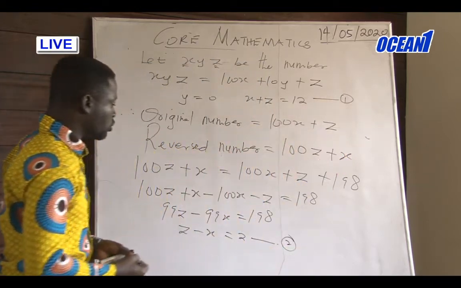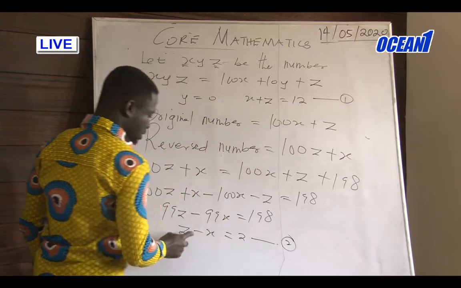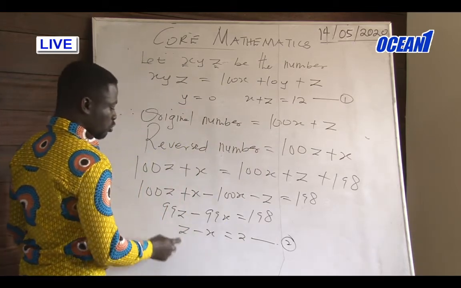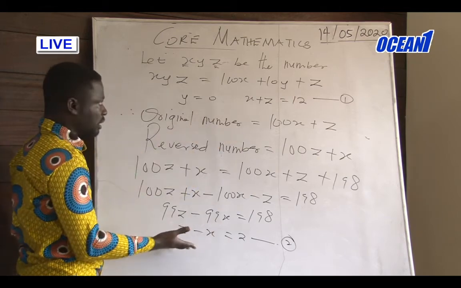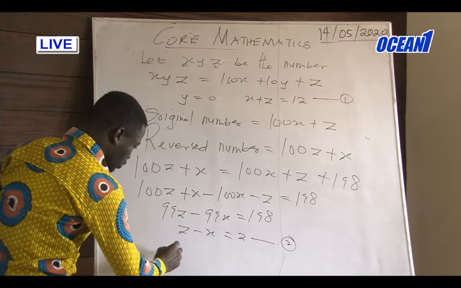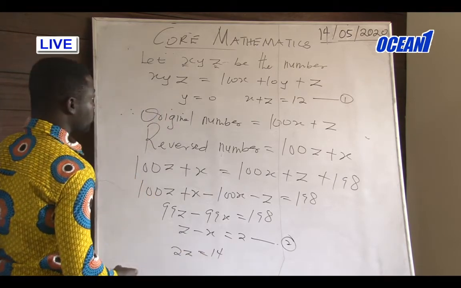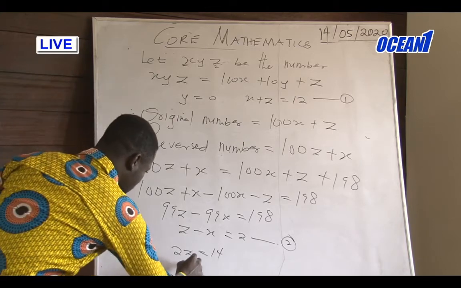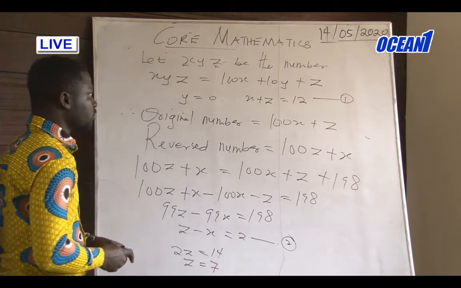How do you solve 1 and 2 simultaneously? Equation 1 is x plus z equal to 12, and z minus x equal to 2. I have x here, which is plus and minus, so I can easily add them. If I add z to z, I have 2z, that will be equal to 14. It means that z will be equal to 7.